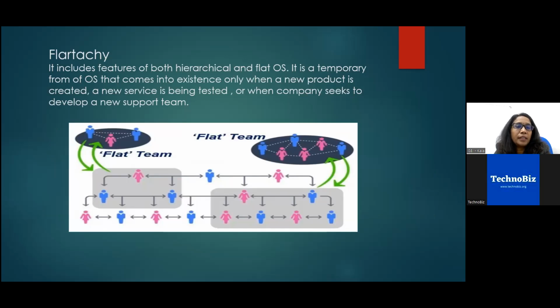Flatarchy. What is flatarchy? It includes features of both hierarchical and flat organizational structure. It is a temporary form of organizational structure that comes into existence only when a new product is created, a new service is being tested, or when a company seeks to develop a new support team.